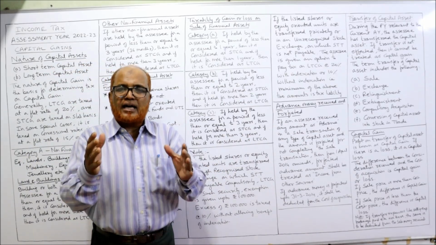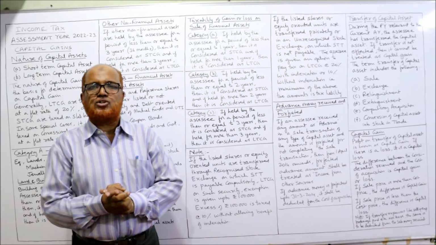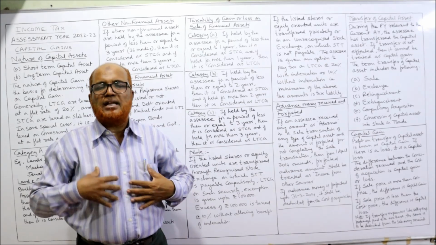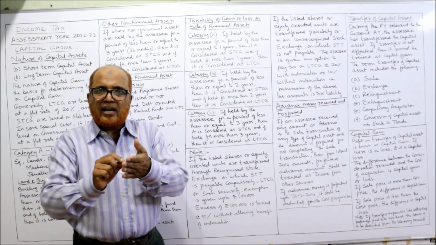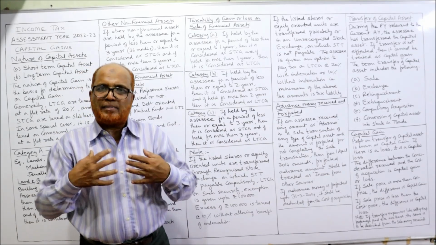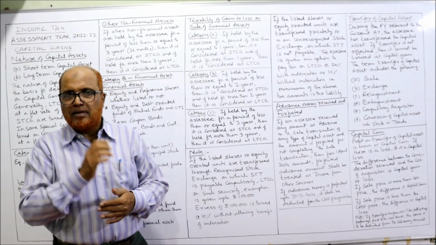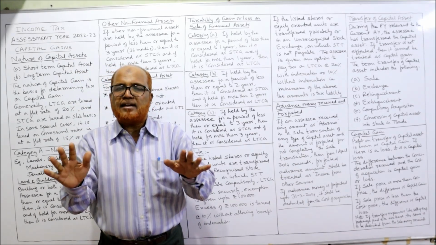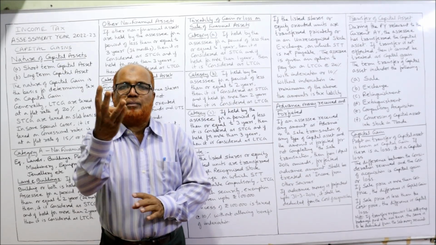Sometimes in the agreement of a sale transaction, some advance money is received from the buyer. Suppose I am the seller, you are the buyer. We have agreed that you are going to purchase my property for rupees 80 lakh, and you have to pay 5 lakh rupees as advance right now, and the sale transaction will be concluded in 3 months.